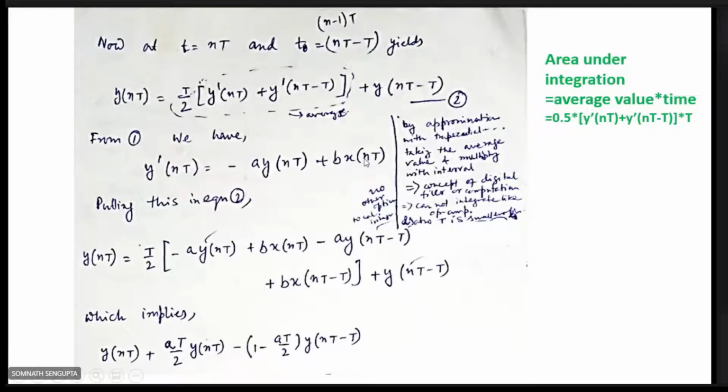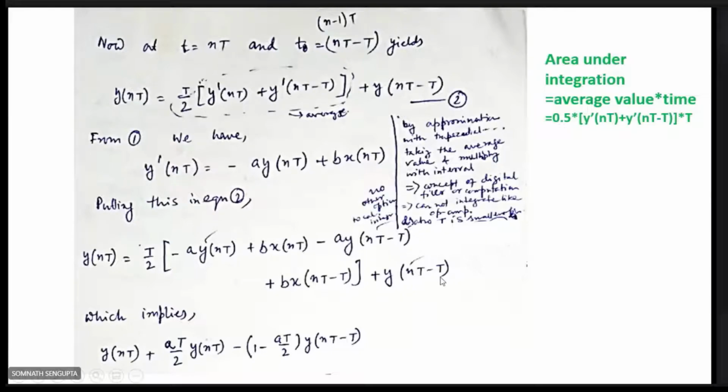So we get y dash nT, T by 2. Here you use this equation: y nT is this T by 2, and in place of y dash nT it is this one, minus a y nT plus b x nT, minus y dash nT minus T, that is the just previous sample, with the help of the formula given in 2.